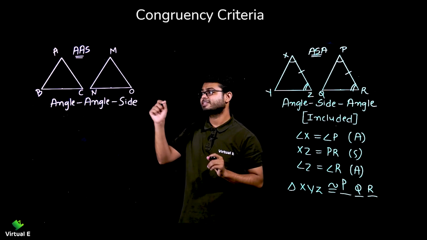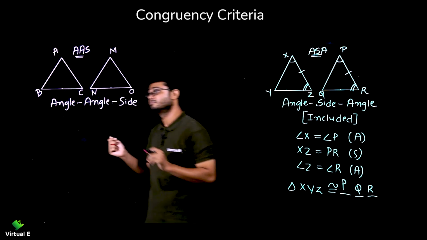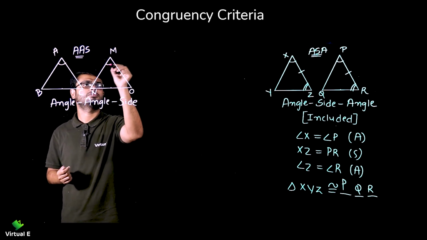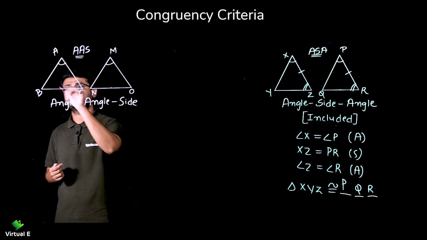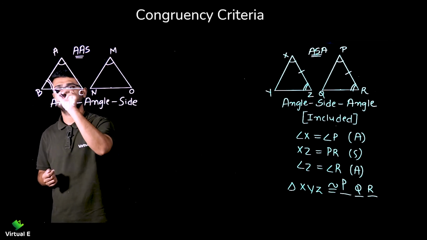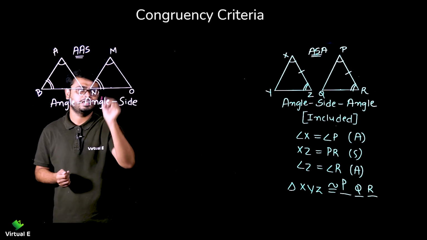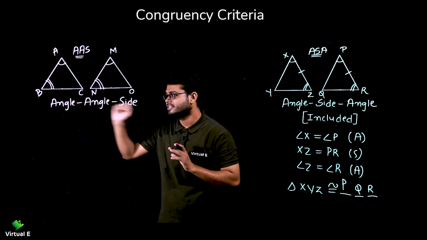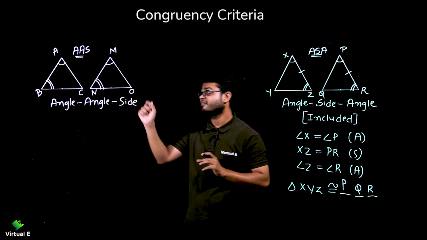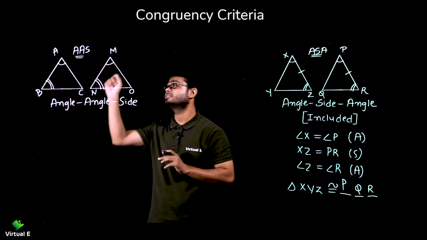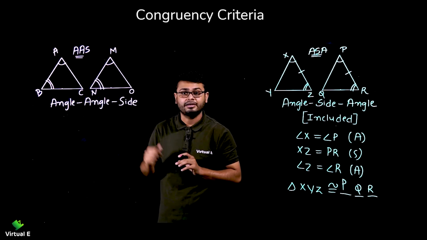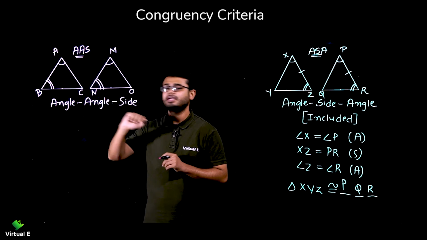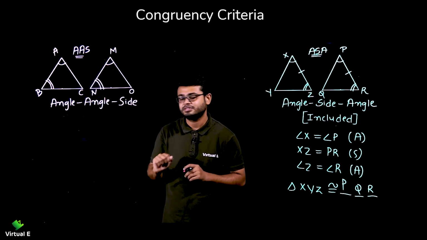First of all, let's take two angles. Two angles can be anywhere. So first of all, let's take angle A equal to angle M. Then angle B is equal to, let's say, angle N. That is done. So two angles are very easy to take. Now what about this side? Where should this side be? Then only this criterion can be applied. So this side can be in contact with either of the angles.